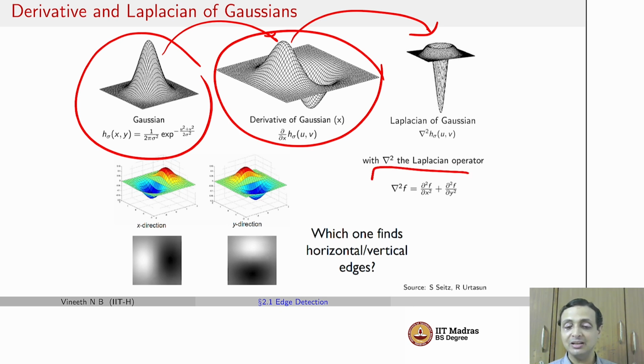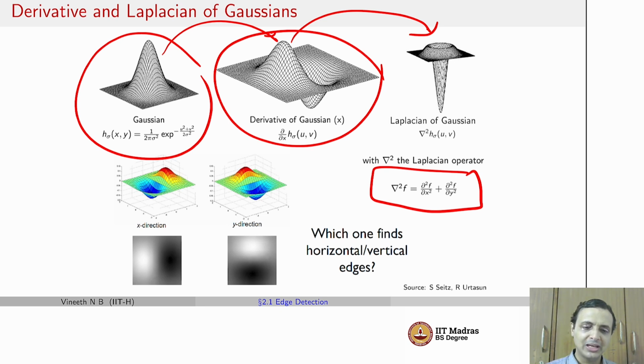The Laplacian operator in general is written as nabla square f or grad square f, which is dou square f by dou x square plus dou square f by dou y square, and that's what we define as the Laplacian.